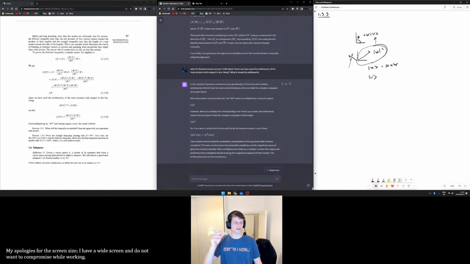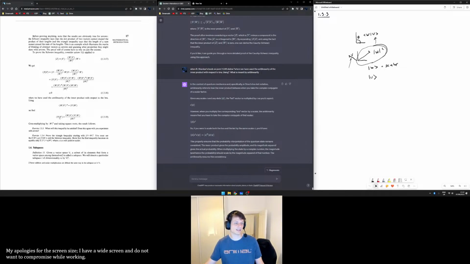So it's saying that the conjugate is equal. So where we have used the antilinearity of the inner product, I guess it's going to be these kind of terms here. Well, actually, just this term, right?